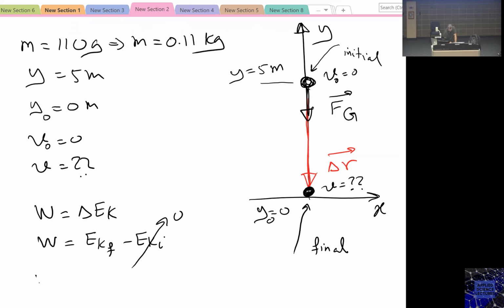So what is W? The force, Fg, times the displacement magnitude, times the cosine of the angle. How much is the angle between the displacement and the gravitational force? 0. So cosine 0.